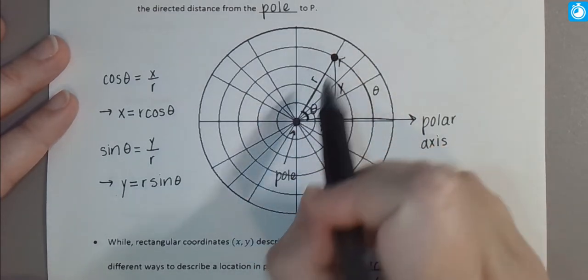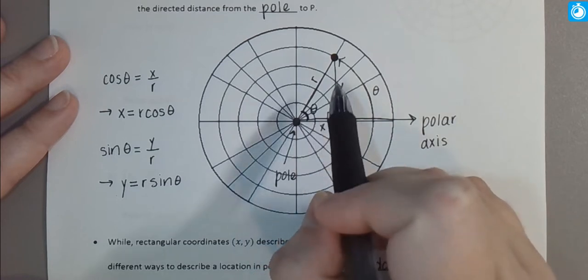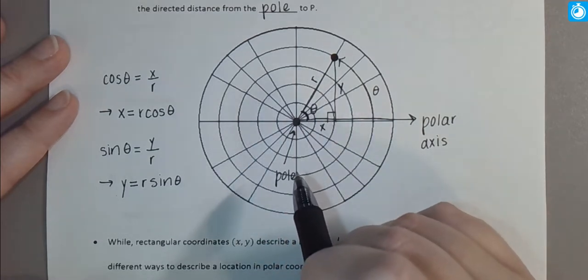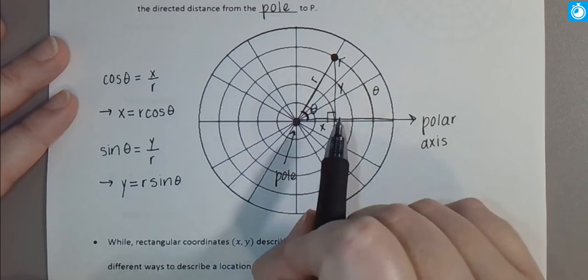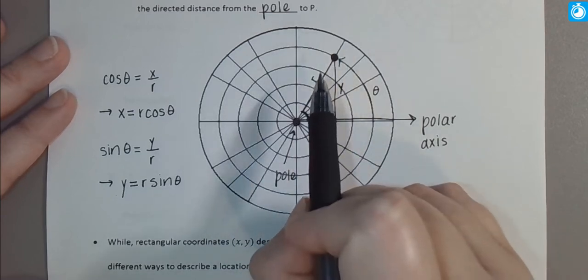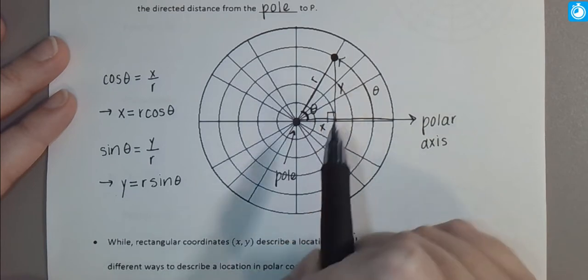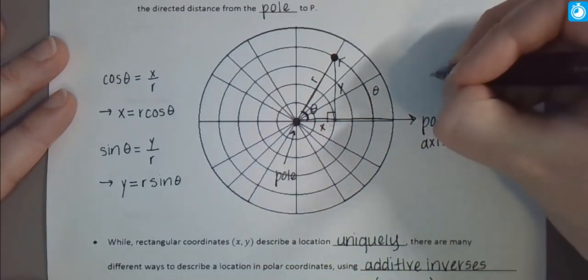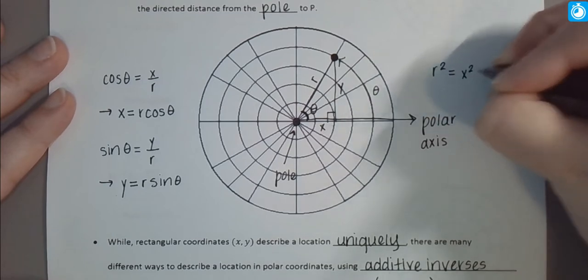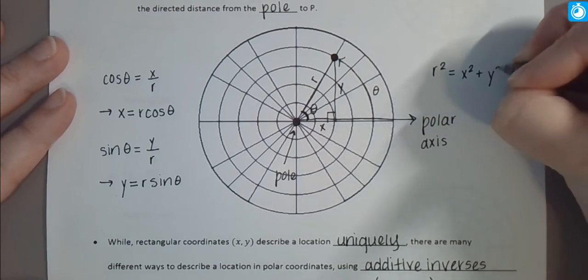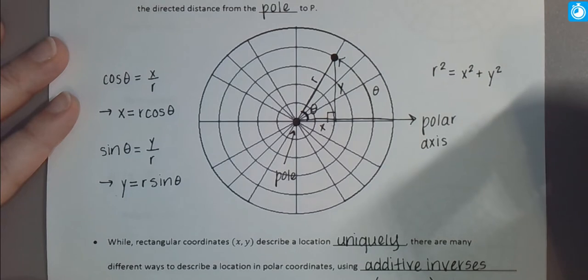Well, we know because we're in a right triangle, x, y, and r have to be related in a specific way. Their relationship can be expressed by the Pythagorean theorem. So if we wanted to solve for r in terms of our given x and y, the Pythagorean theorem says that r squared is equal to x squared plus y squared.